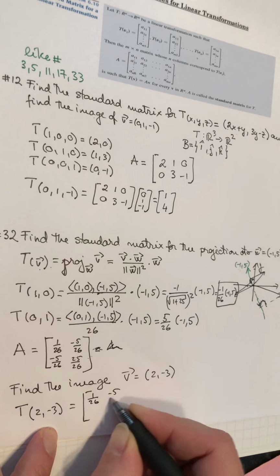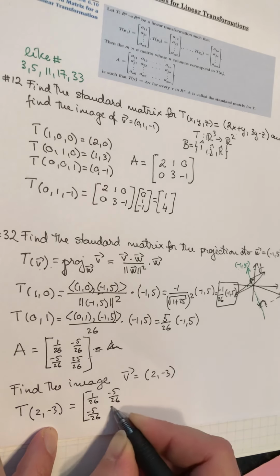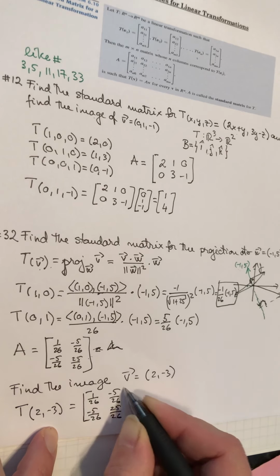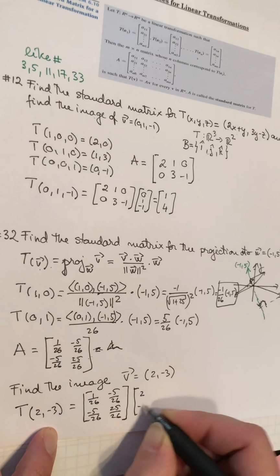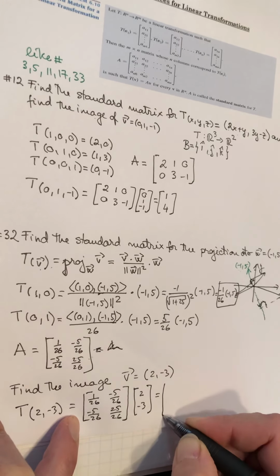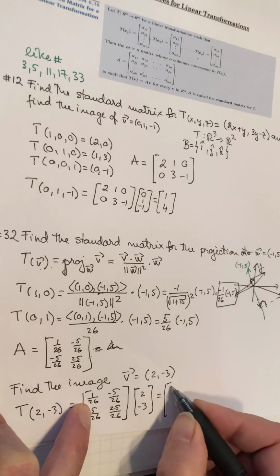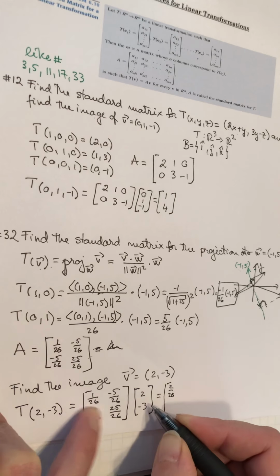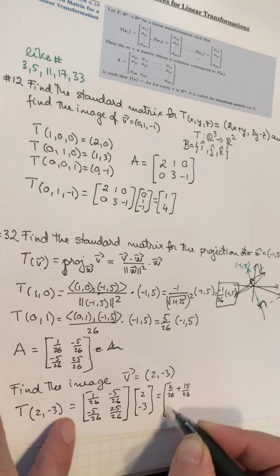So 1/26, -5/26, -5/26, 25/26. We're going to multiply this by the vector 2, -3. And now we end up with another two-dimensional vector. So that's 2/26 plus 15/26.